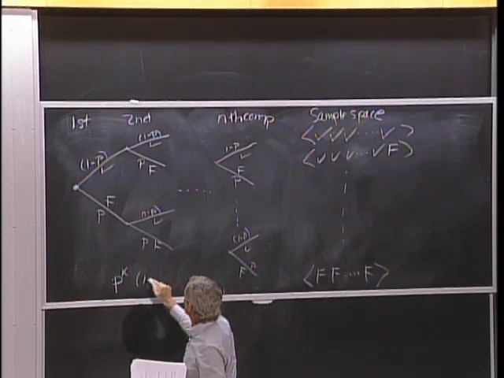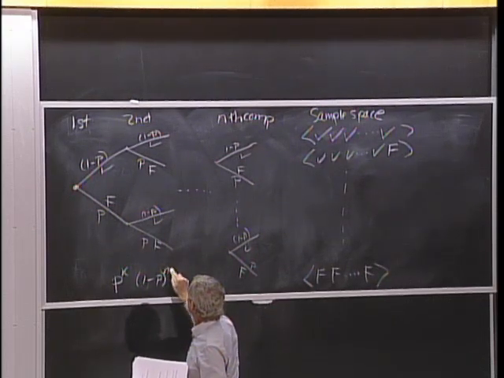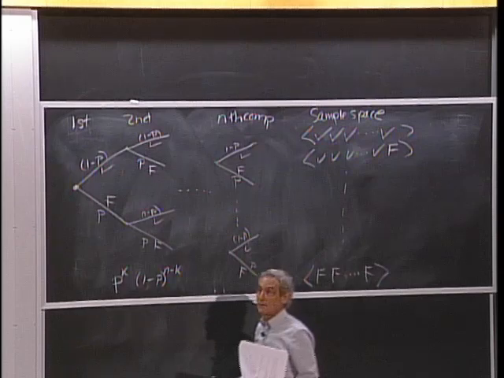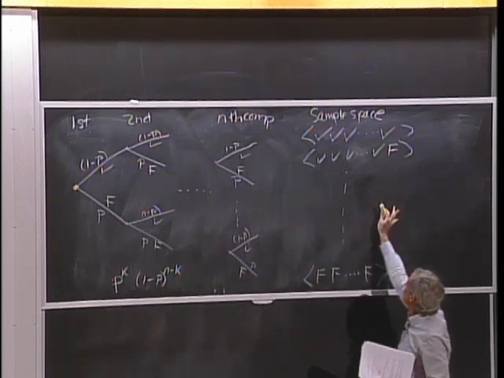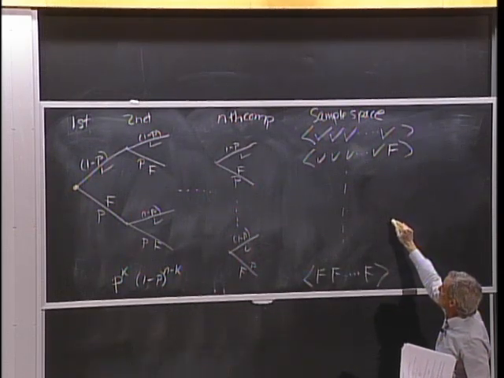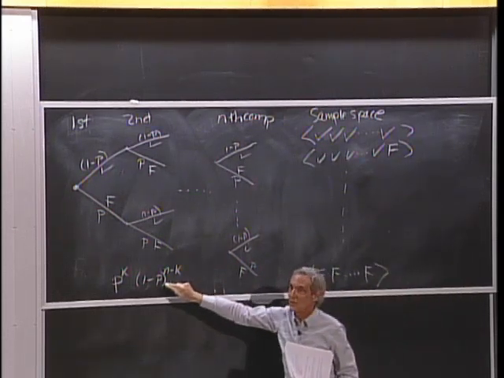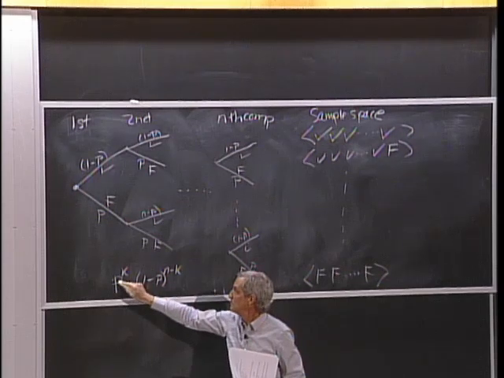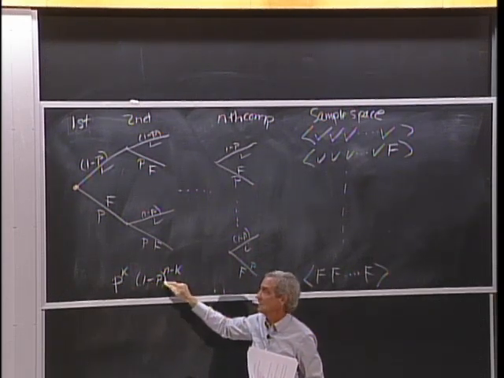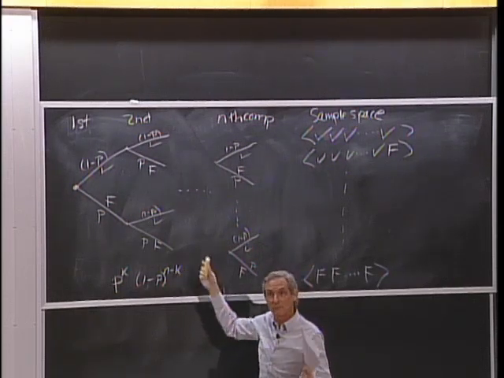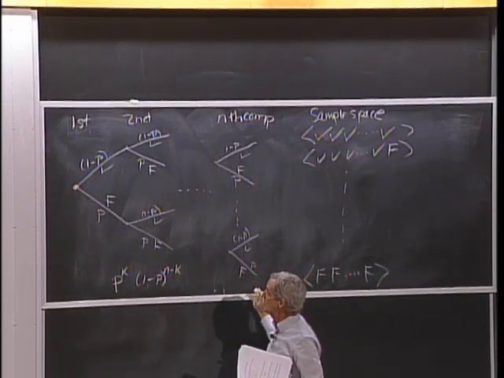Each one of those multiplies by a 1 minus p. So no matter how I got my k failures, the probability for a particular sample point with k failures is just that. Because I had p get factored in k times for the failures, 1 minus p get factored in n minus k times for the situations where it worked out all right.